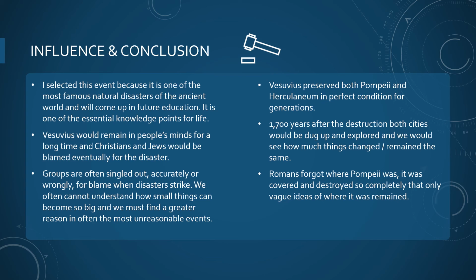We often cannot understand how small events can become so big, and we often try to find a greater reason in the most unreasonable events. We try to find a way to blame others or to blame something else because we cannot deal with the crisis as it is. Sometimes in America, people want to blame the government because they cannot believe that a small group of terrorists could bring down 2 towers.